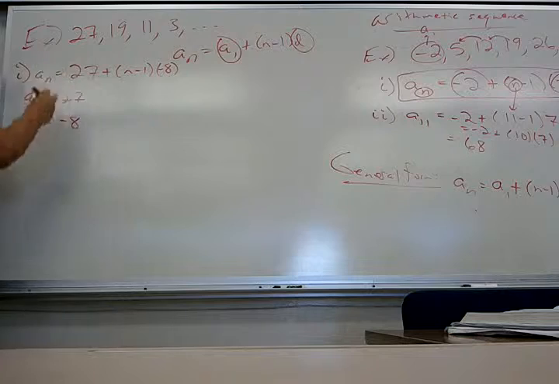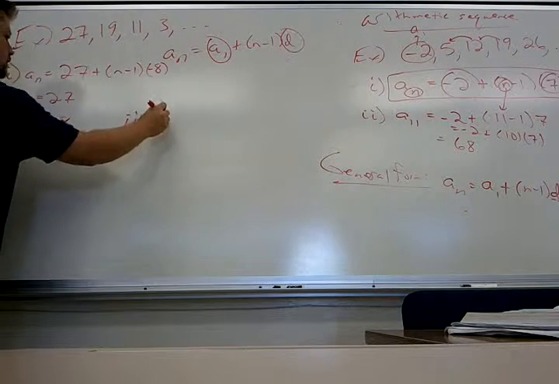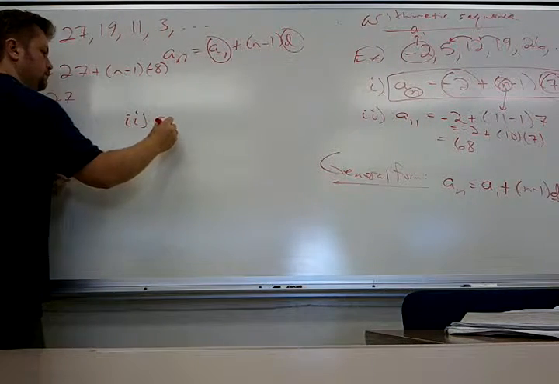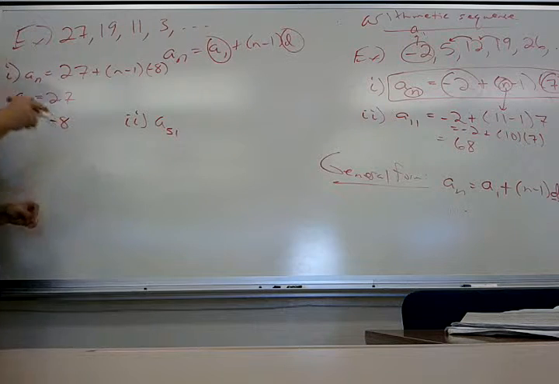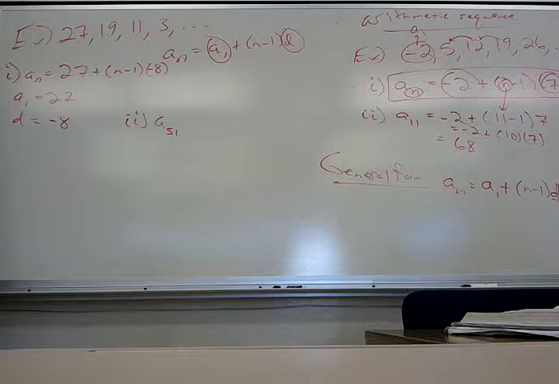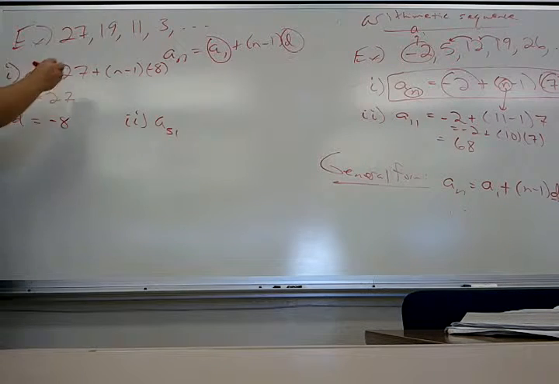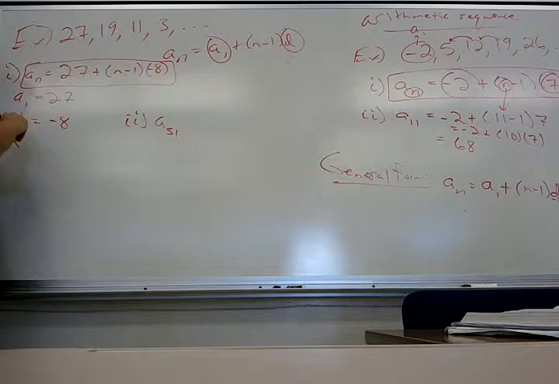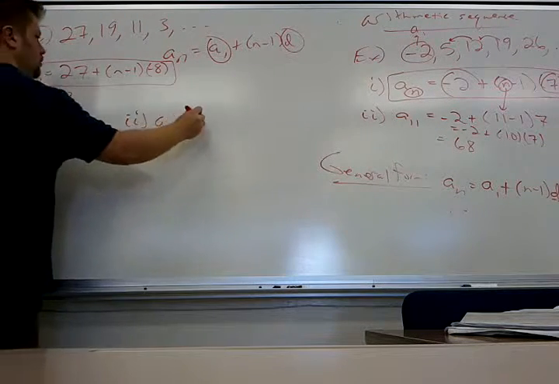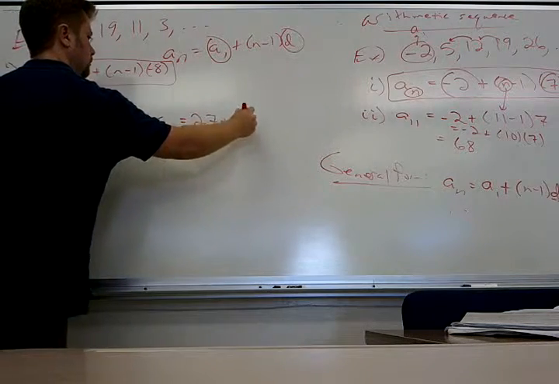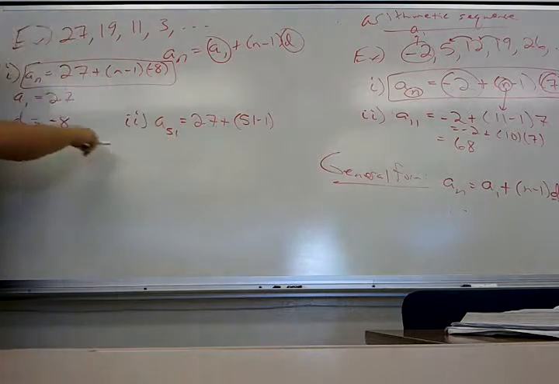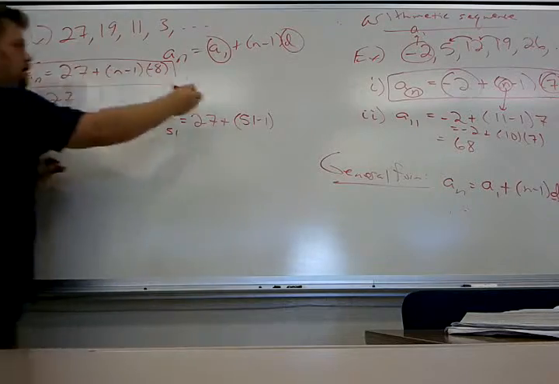And now step 2 would be, specifically, what is A51? Now that's easy now. The semi-hard part, which is really not hard, was just getting the equation. How do I get A51? 27 plus 51 minus 1 times negative 8.